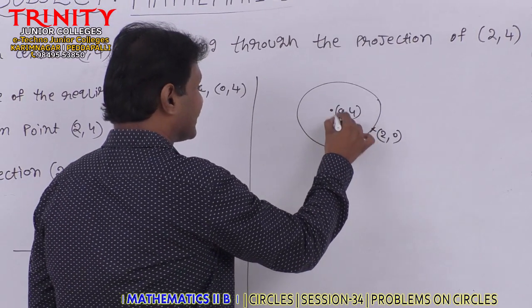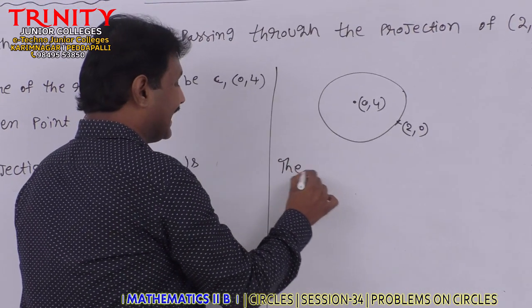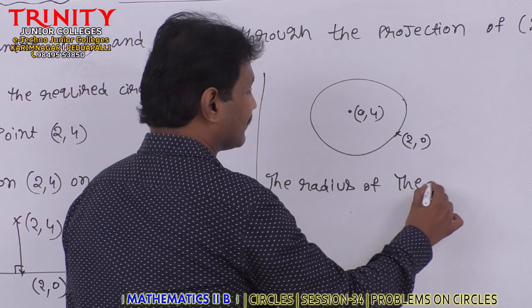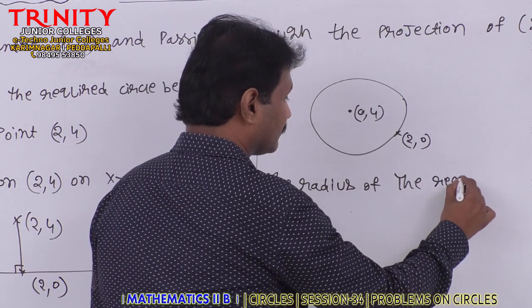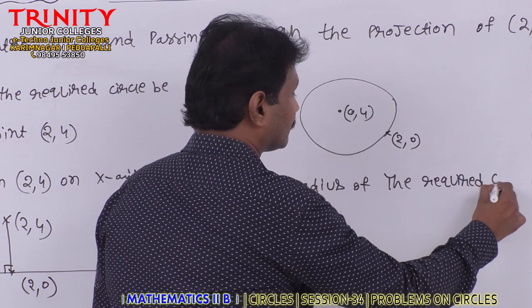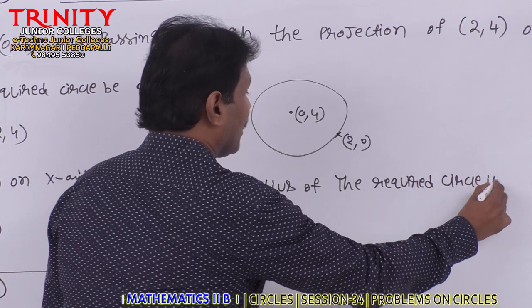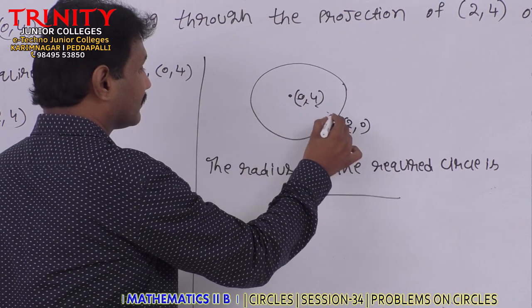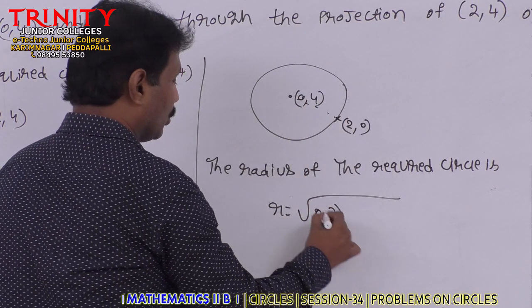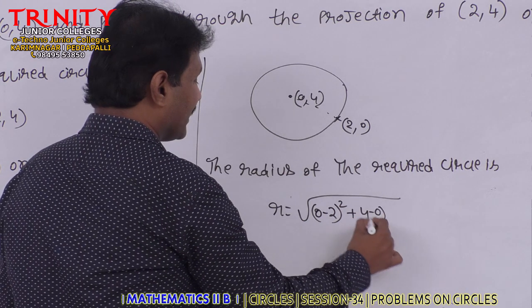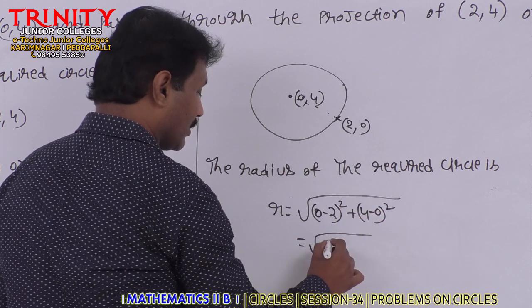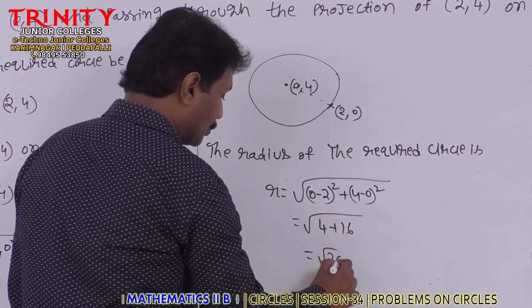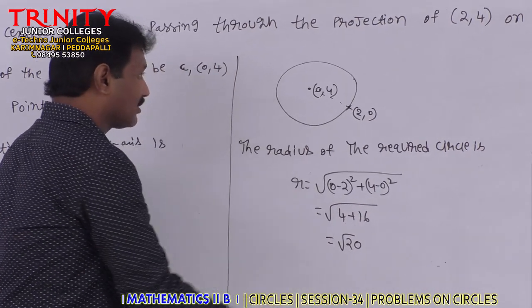The radius of the required circle is r equal to the square root of the distance between these two points: 0 minus 2 whole square plus 4 minus 0 whole square, which equals the square root of 4 plus 16, that equals root 20. Therefore, the radius is known, the center is known.